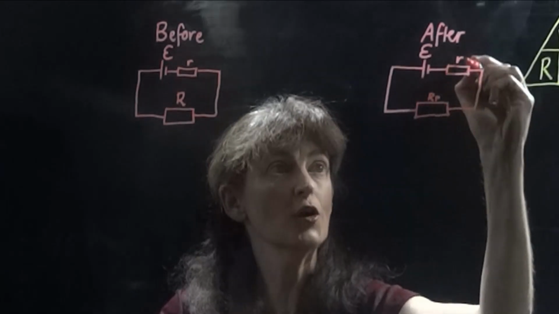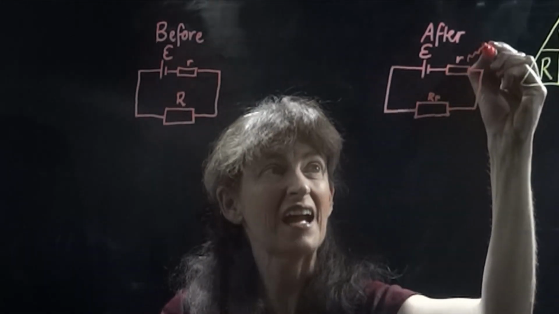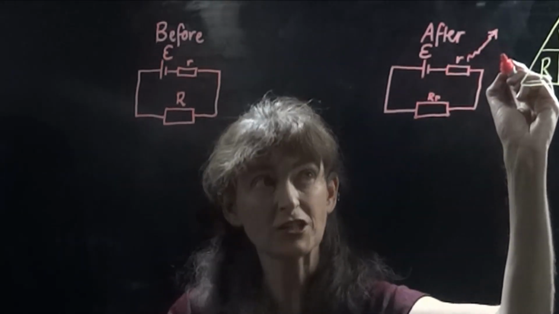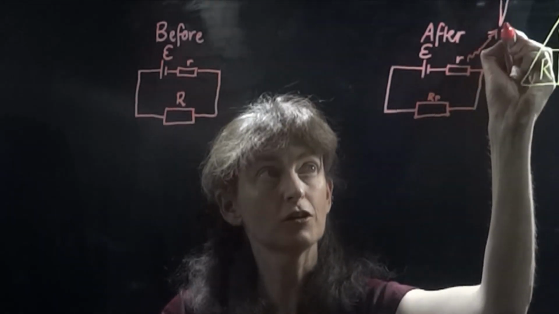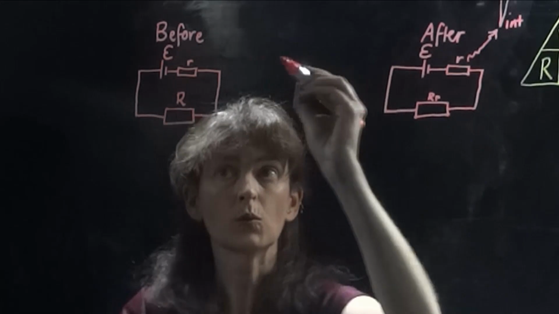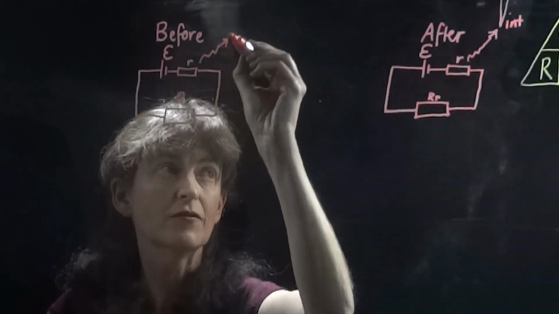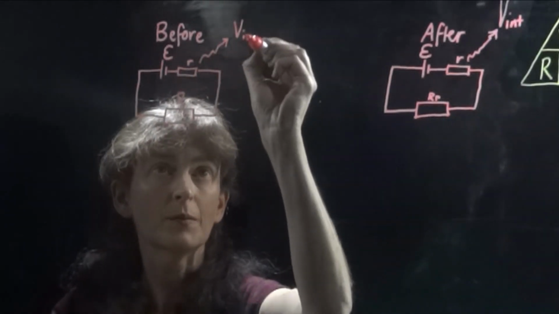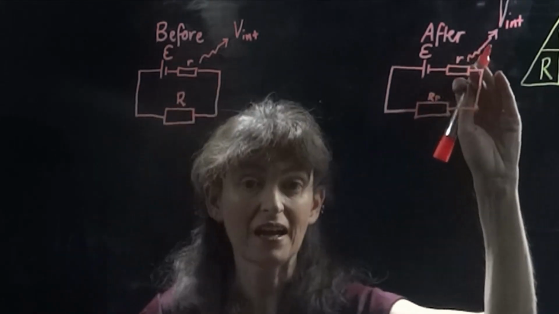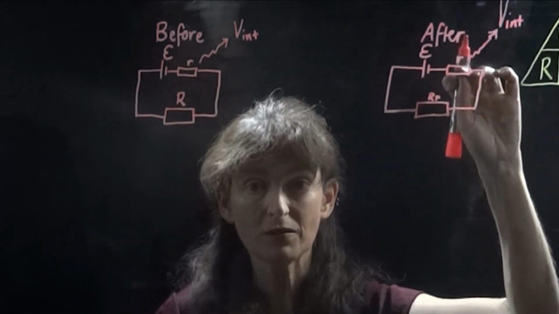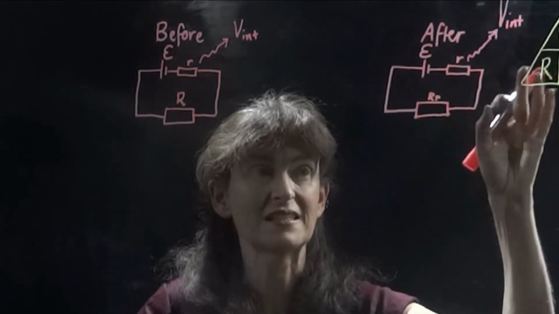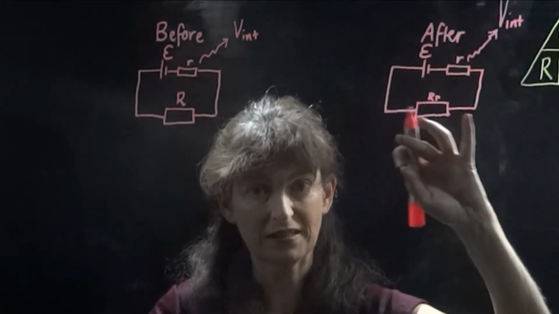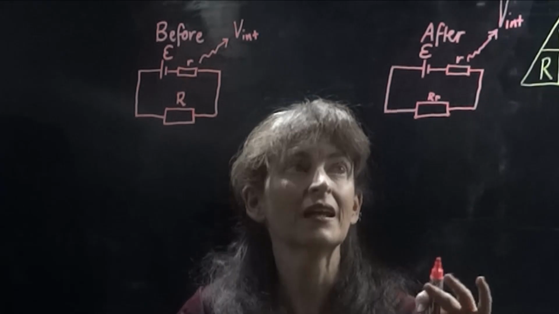And so it will take a greater fraction of the supplied voltage. So V internal here will be greater than V internal there, because here that internal resistance makes up a greater fraction of the whole resistance because the total resistance is less.